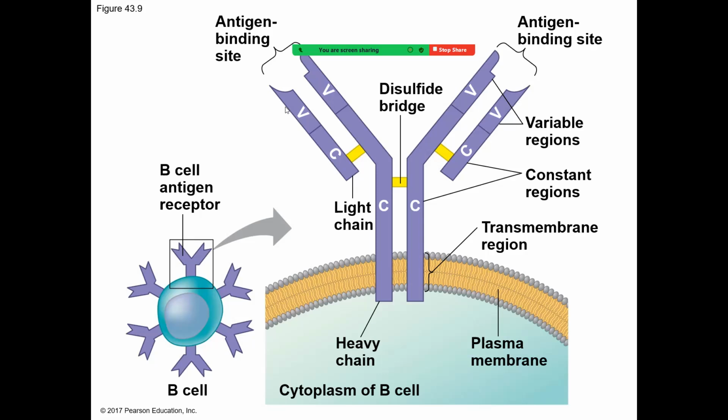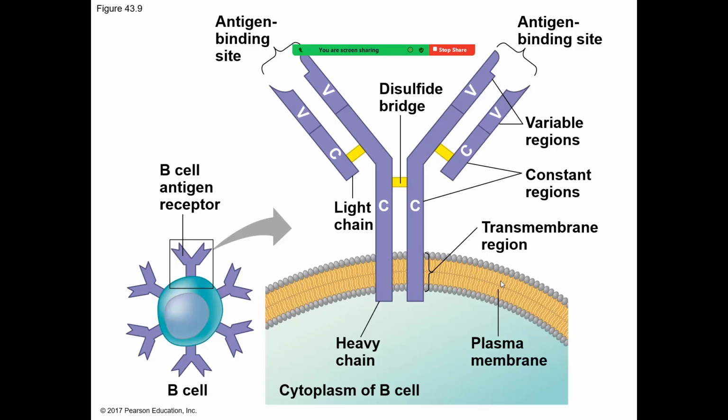So light chains are the smaller pieces, and then our heavy chains are in the middle. The heavy chains, you can see, have an area that is embedded into the plasma membrane of that B cell. So this heavy chain is what is going to anchor our antigen receptor into the surface of the B cell.